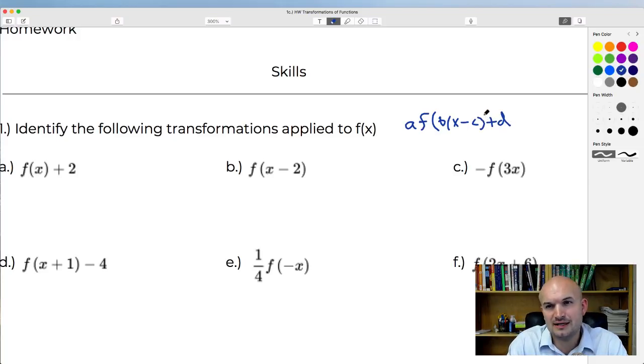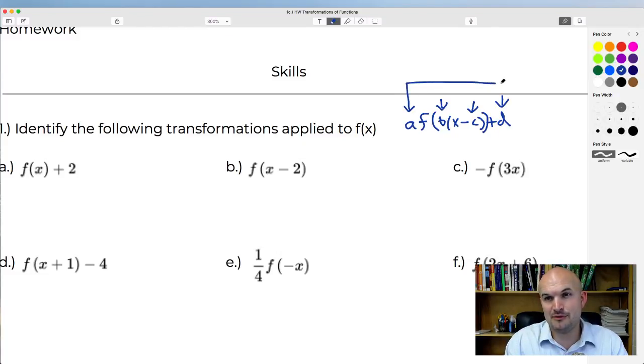Okay, I need another parenthesis there. So we could multiply by a on the outside of the function, multiply by b on the inside of the function, add or subtract a c inside the function, or add or subtract a d on the outside of the function. And these all have different characteristics of what they're going to do to our function.